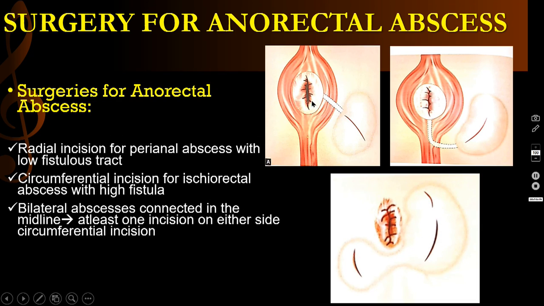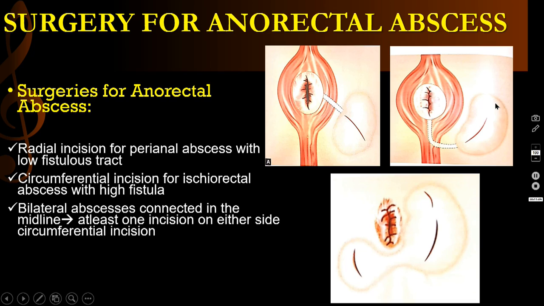So suppose if the patients are having connections like this, then radial incision for perianal abscess with low fistulous tract like this, radial fistulas, you can expect. In that case, this is the abscess cavity. This is supposed to be the fistula, radial fistula. Then you have to make radial incision over this abscess.